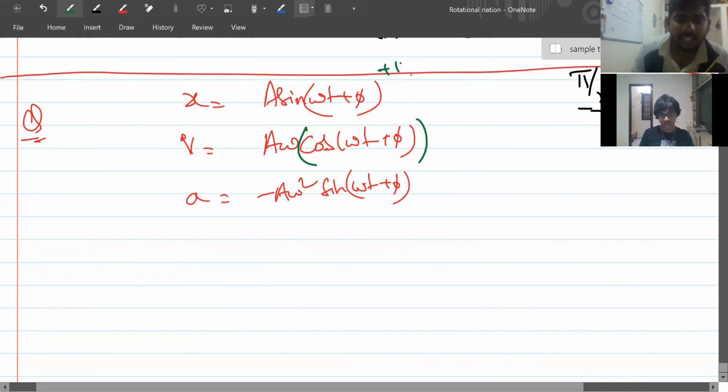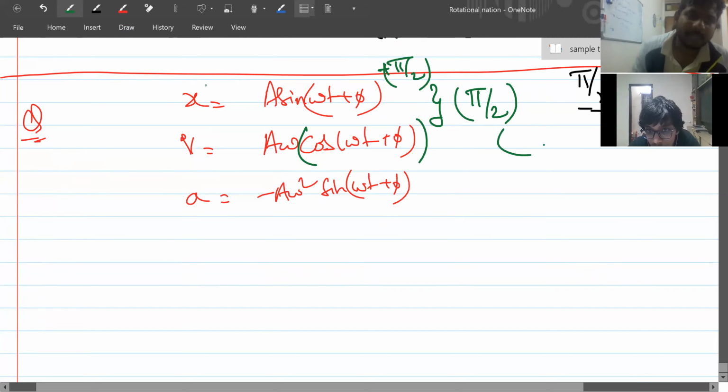You add plus pi by 2, right? Sin of pi by 2 plus theta is cos theta, isn't it? Yes, sir. So the angle difference between both of them is how much? Pi by 2. So this is the phase difference between the position and velocity. Okay. For cos theta, if you add pi by 2 plus theta, you will get the second quadrant, that is minus sin theta, right? Yes, sir. So the difference between this one and this one is what? Pi by 2.